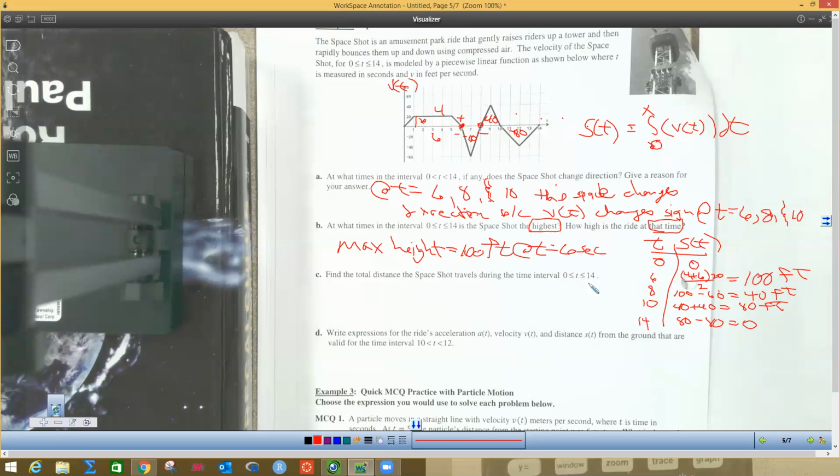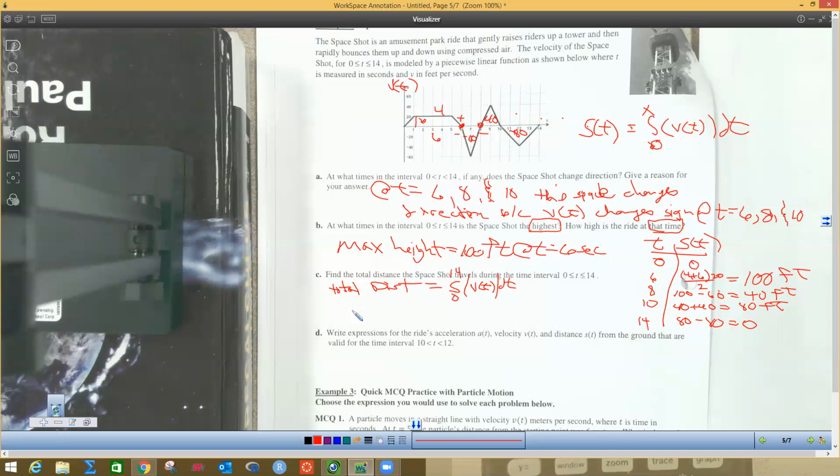Find the total distance traveled for the space shot. Okay, now this one is, hopefully we remember, total distance is the absolute value of the integral from 0 to 14 of the absolute value of v of t. So integral means its position. So it's all these numbers, but they're positive.